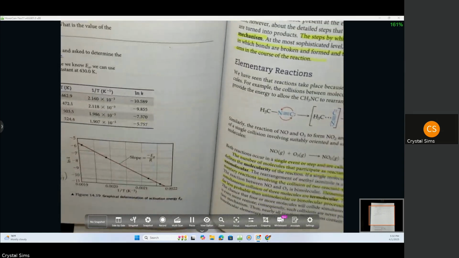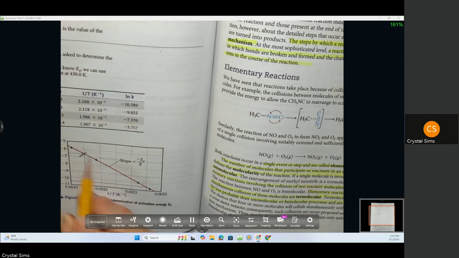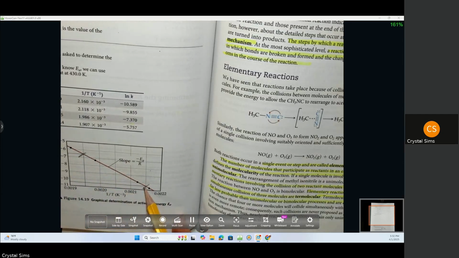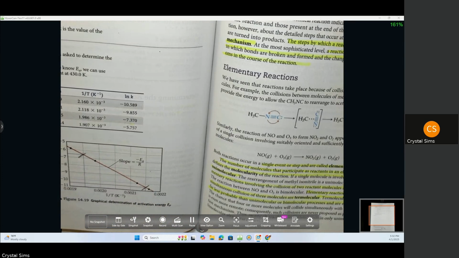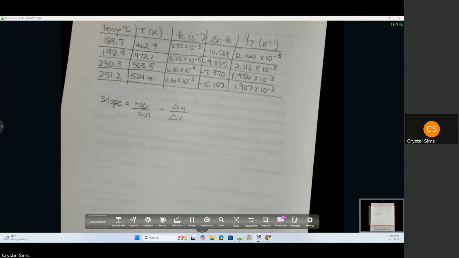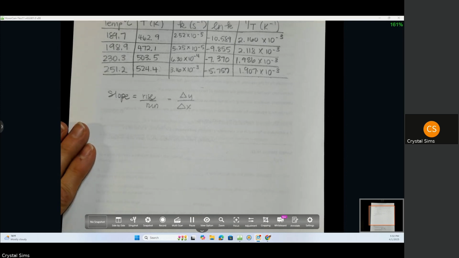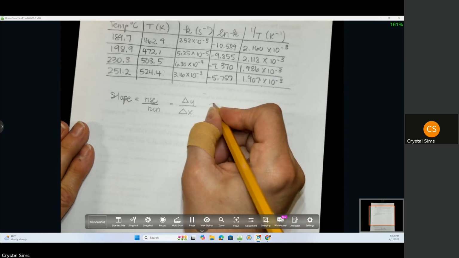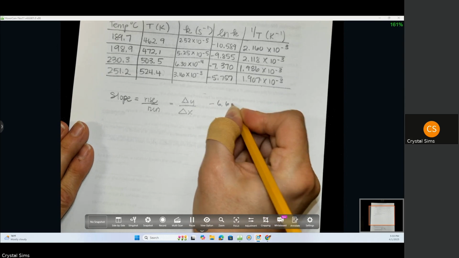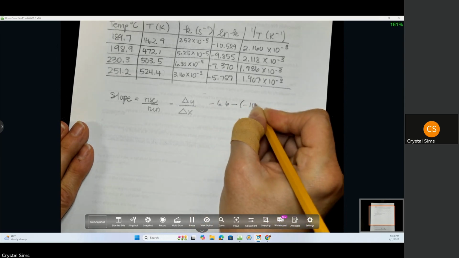So with how they did this in the book, they picked this point right here and this point right here. Okay, and so that's what we're going to go with in the interest of time. So negative 6.6 minus negative 10.4.